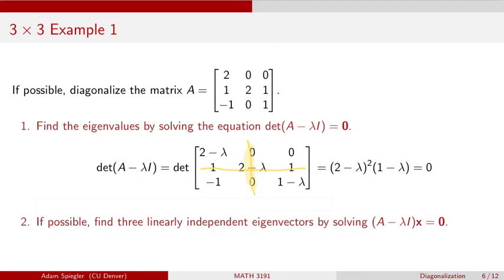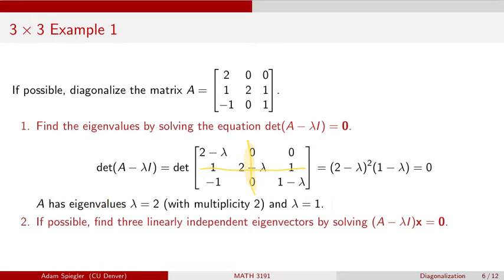And you can verify that the determinant of this matrix is going to give us 2 minus lambda squared times 1 minus lambda. So we see that we have one factor which has multiplicity 2, and a second factor that has multiplicity 1.